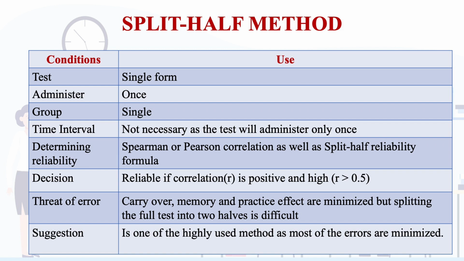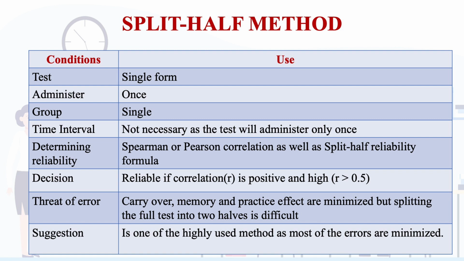And for determining reliability, how to determine the reliability? So here either Spearman or Pearson correlation will be used to find out the correlation coefficient of the two half tests. Then after that we have to use another statistical formula, that is called the split half reliability formula.